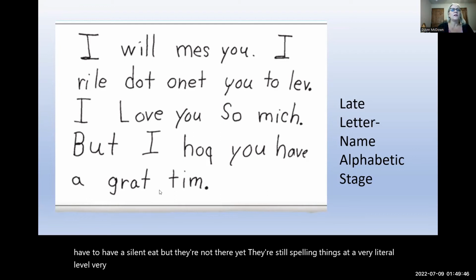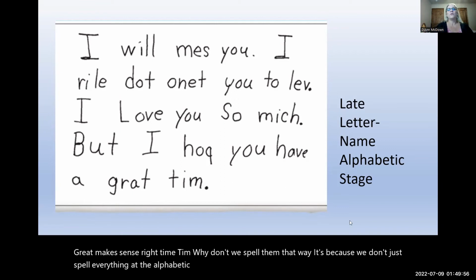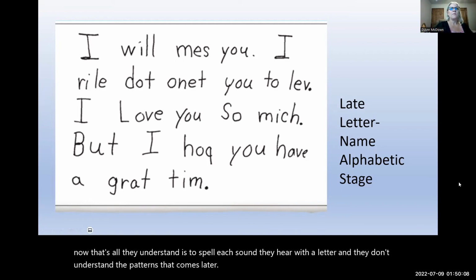So great. Makes sense, right? Time, T-I-M. Why don't we spell them that way? It's because we don't just spell everything at the alphabetic level, but they're developing to a point where right now that's all they understand, is to spell each sound they hear with a letter, and they don't understand the patterns. That comes later.